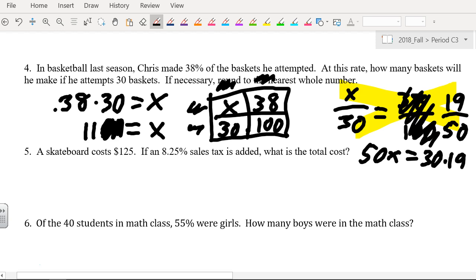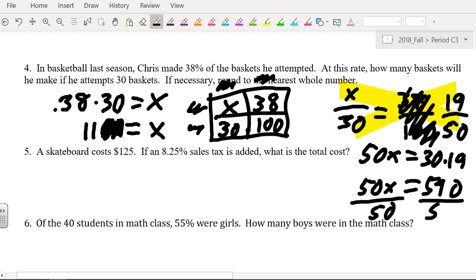Did anybody do that? Thank you. 570. And then 50x. And that makes sense because it's a little over 10 times bigger, or more than 11. So x equals 11.4, which rounds to 11. Yay!